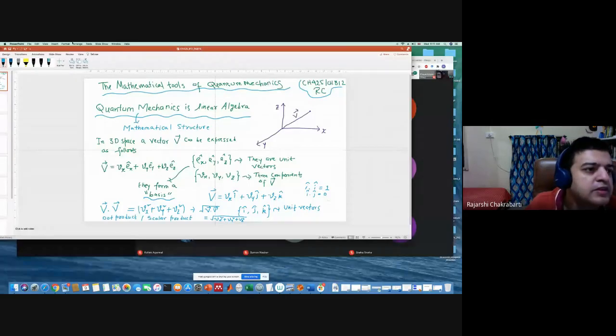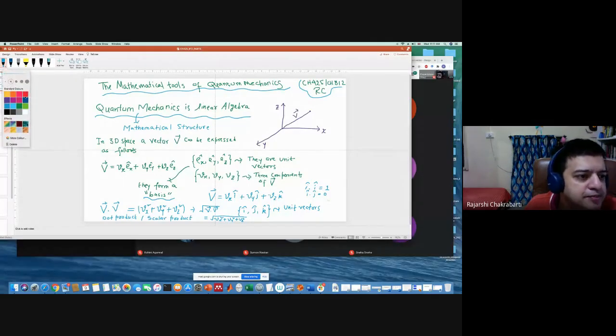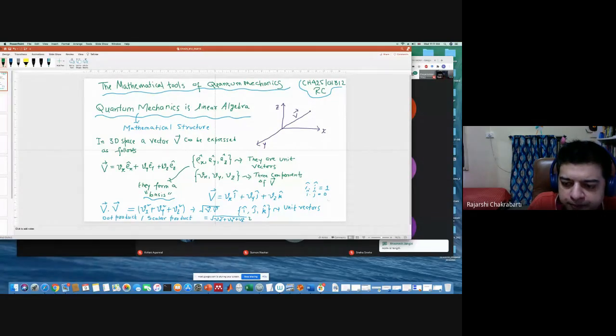And what is this? Can anyone tell me what is this? You know what this is? There is a name to this. Yes, this is called the norm of a vector. Norm or length.